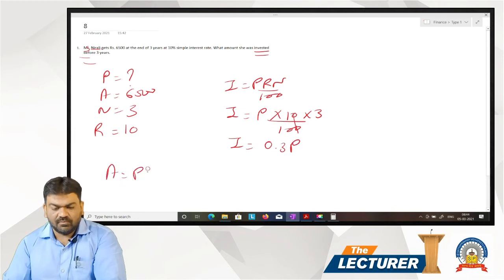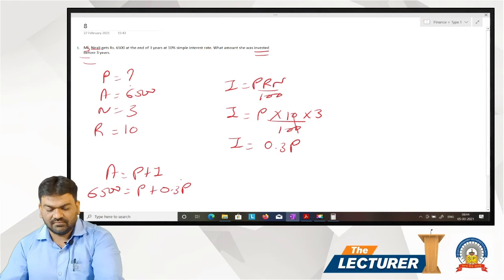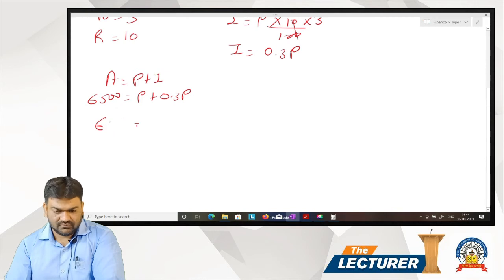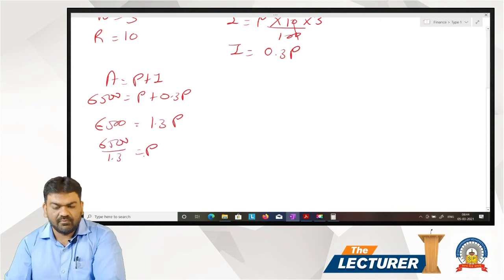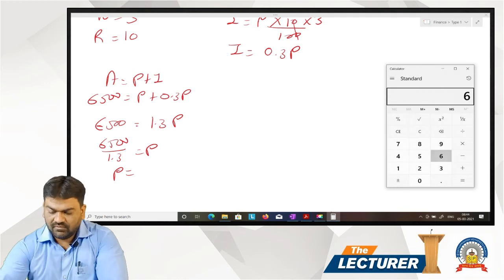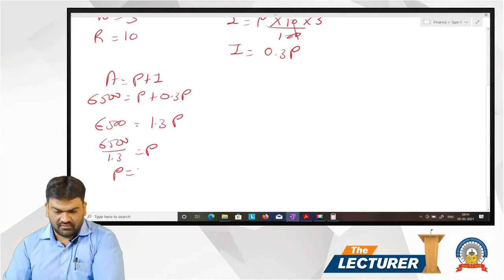A is equal to P plus I. 6,500, P we have to find out. I is equal to 0.3P. 6,500 is equal to 1.3P. 6,500 divided by 1.3 is equal to P. So P is equal to 6500 divided by 1.3, that is 5,000.